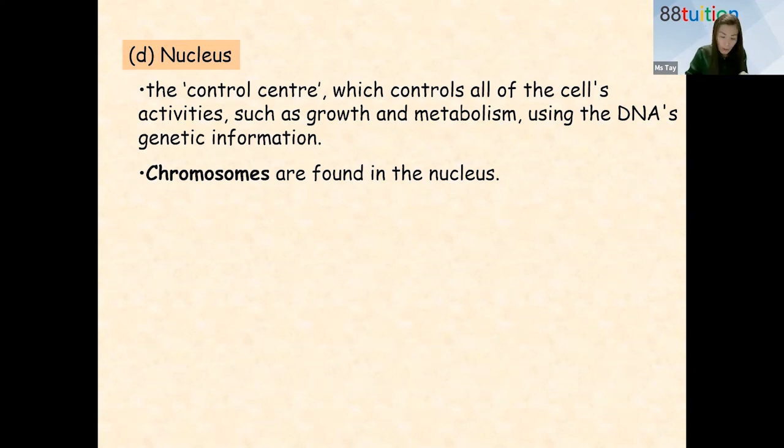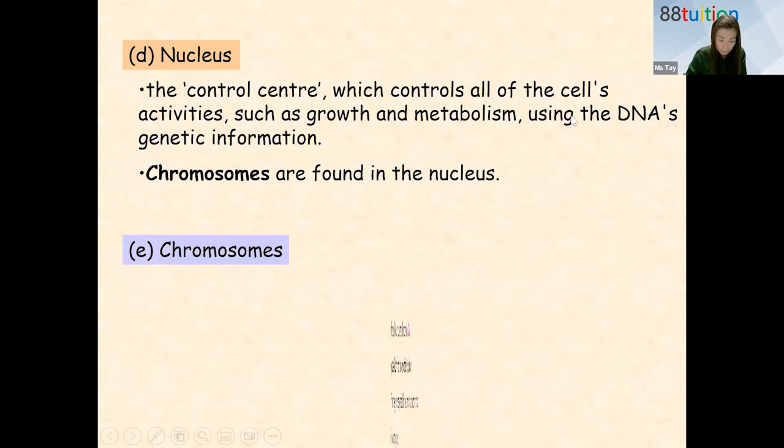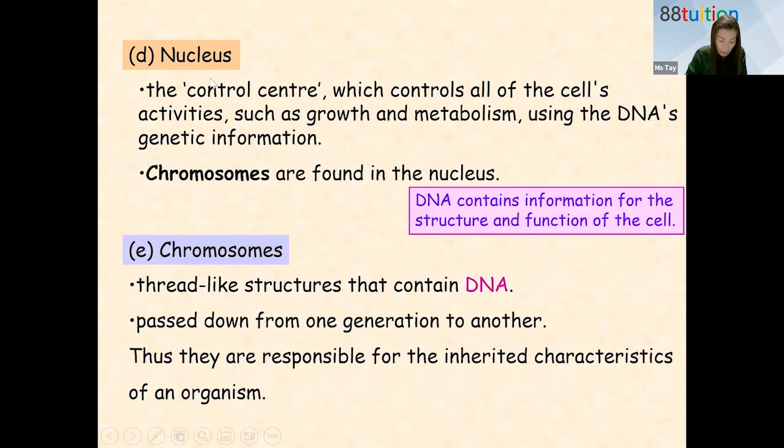Chromosomes are found in the nucleus. Within the chromosomes, you have the DNA. They are thread-like structures. Just now we saw all the curly lines inside the nucleus, these are the chromosomes. They contain DNA. What's DNA? Take note, this is like some of the genetic information, so it's going to be passed down from one generation to another.